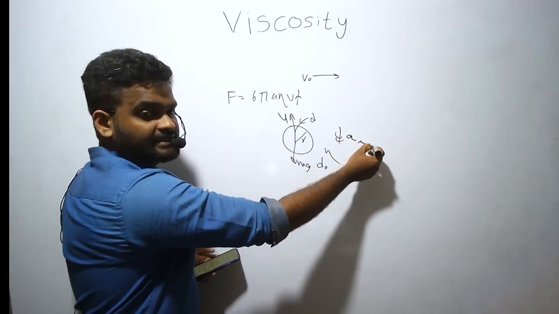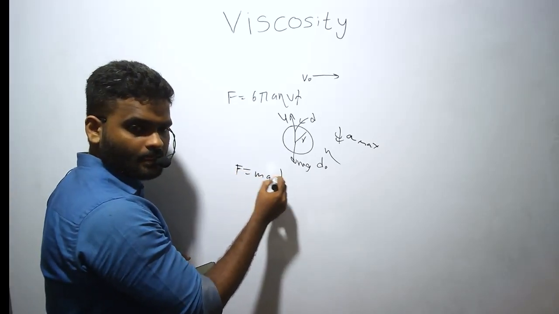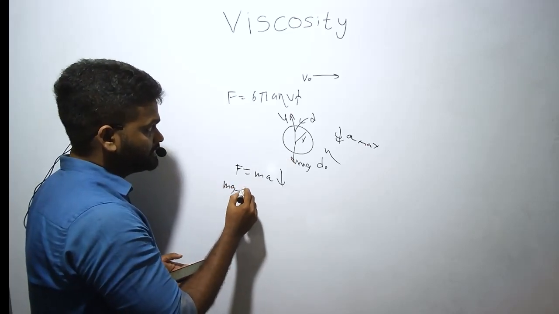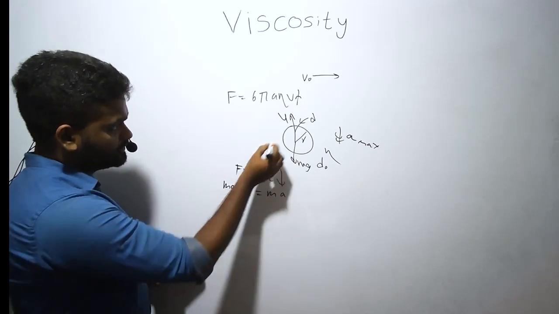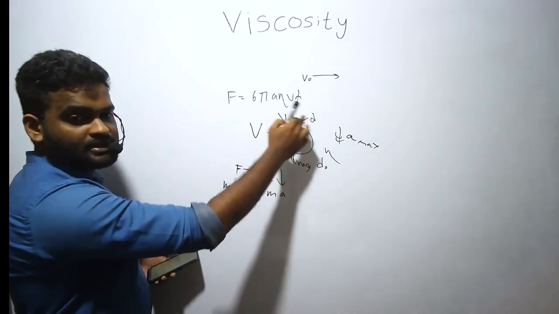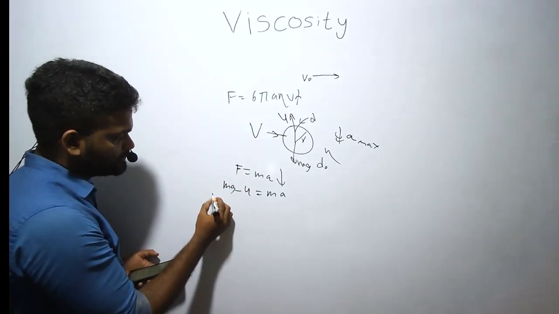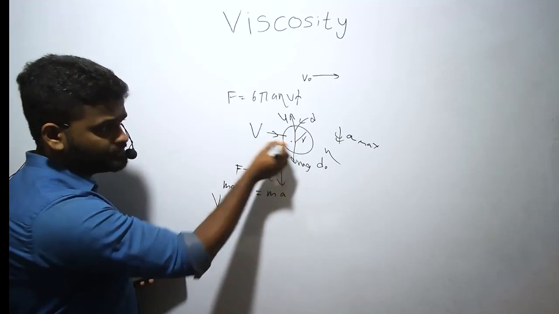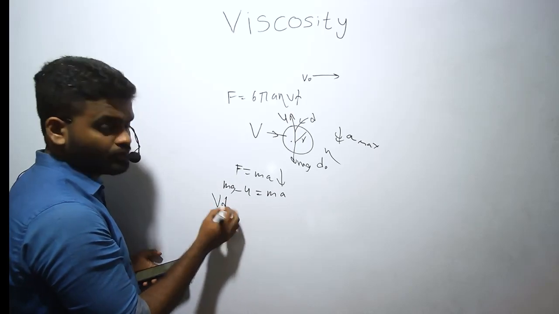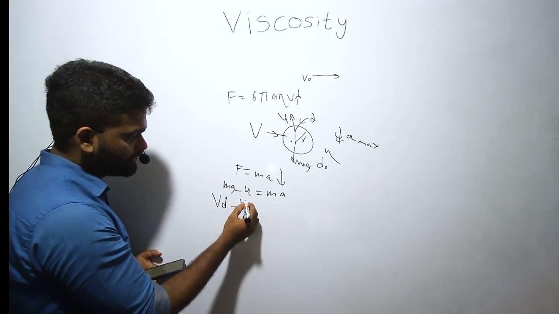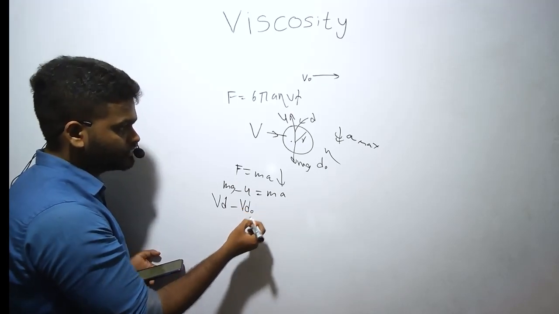So in order to find the acceleration, you have to apply F equals ma. So what are the forces? mg minus U equals ma. So let's say volume is V. Let's take the volume as V. So mg means V times density of object, which is d, not d naught, it is d, minus V rho g, V density of liquid for upthrust, d naught.